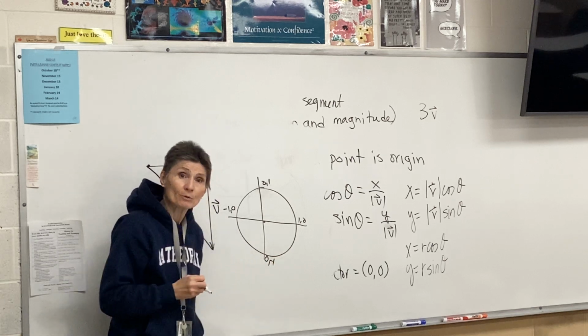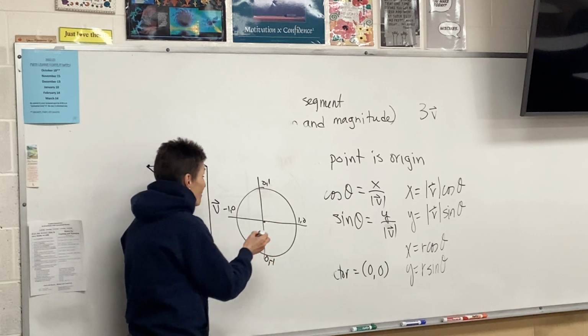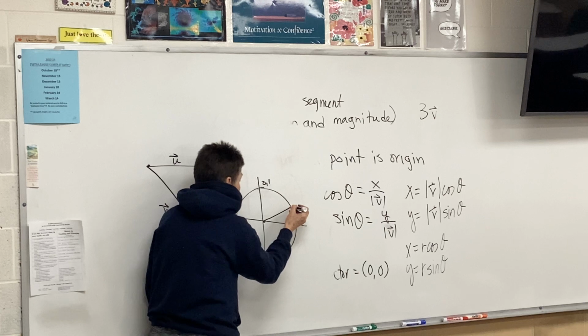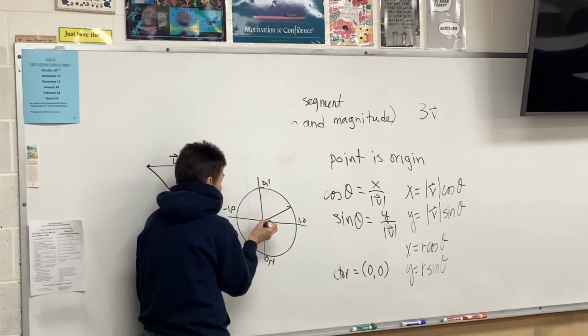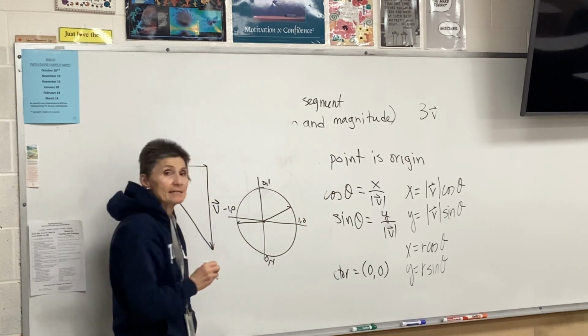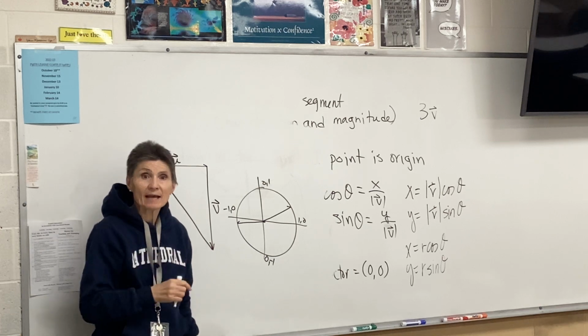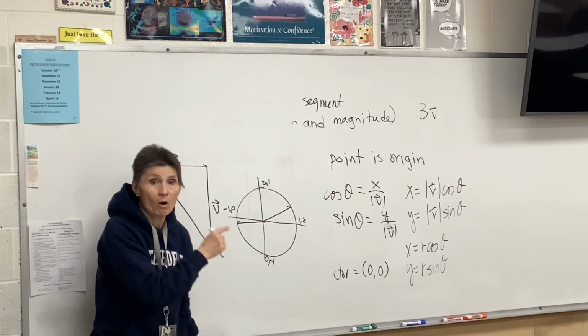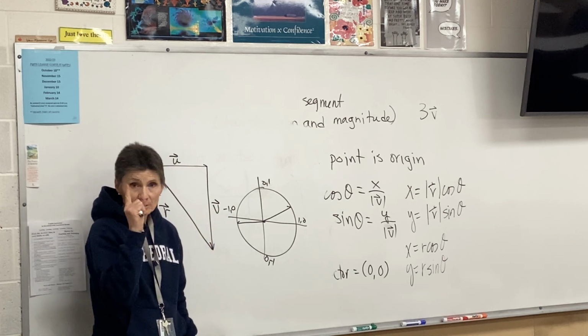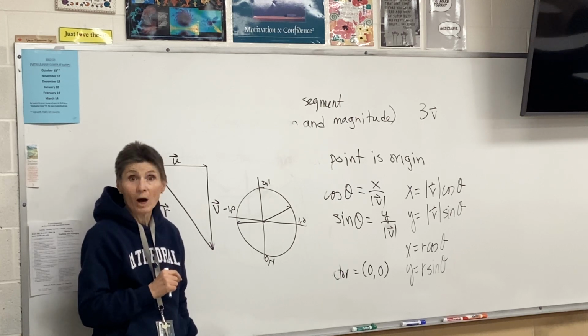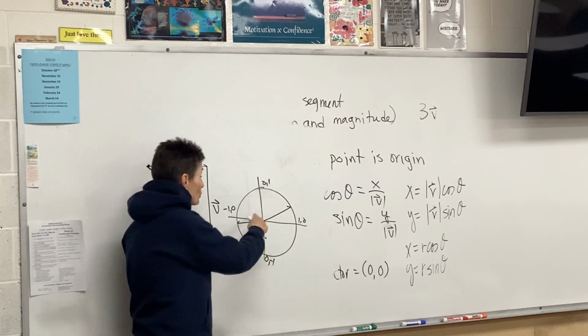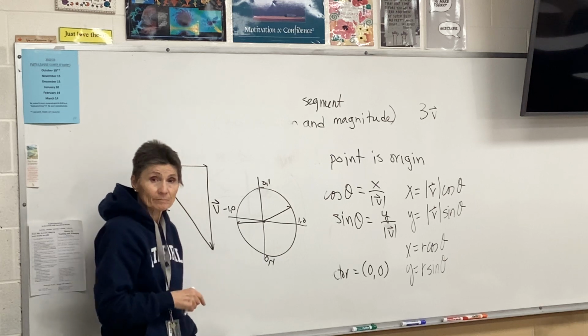Lordy, I hope so. Unit circle is important. Every radius of this thing is a unit vector. Would you agree with that? Every radius I draw in there has a length or a magnitude of 1. Those are all unit vectors.